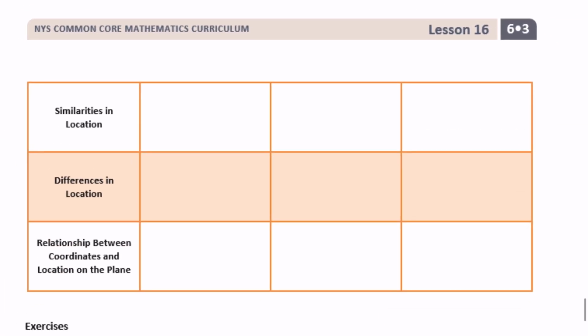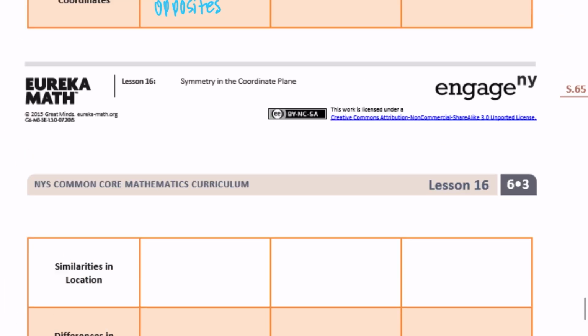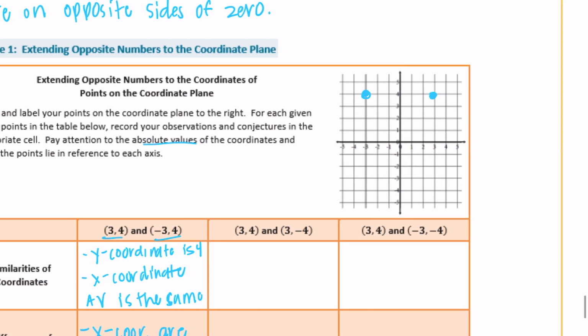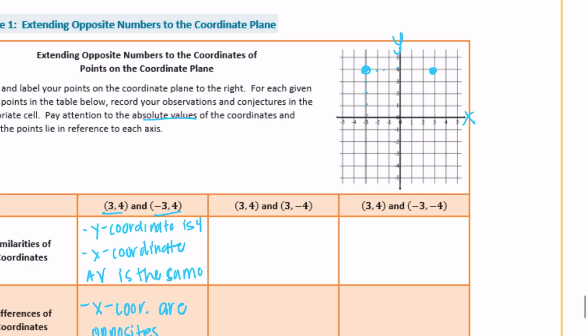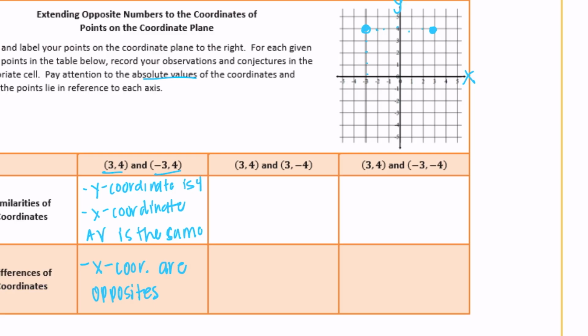Okay, similarities in location. If we're looking at their location, they are both 1, 2, 3, 4 units up from the x-axis, and they are 1, 2, 3 units out from the y-axis. Both of them, 1, 2, 3, and 1, 2, 3, 4.